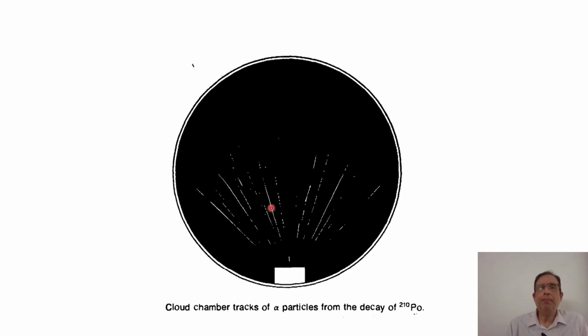These tracks show the path of those particles, and you can see that after a certain point the path of the particle suddenly ends, and that path is not constant, it is variable. Some particles move a longer distance and some move a shorter distance. The point at which the path ends defines the range of the particle. How much the particle has penetrated is defined by the range of that particular radiation.